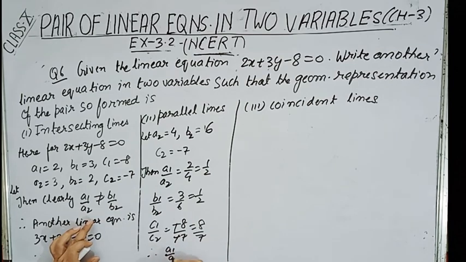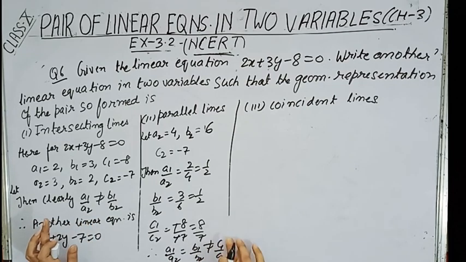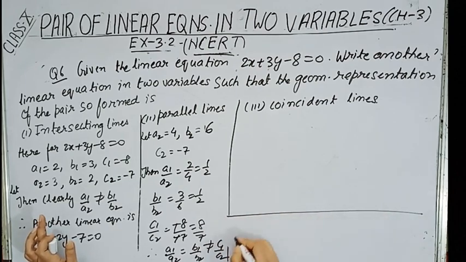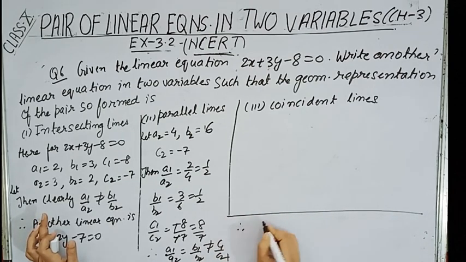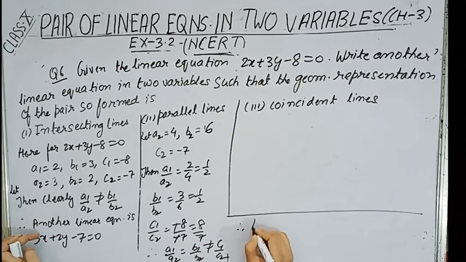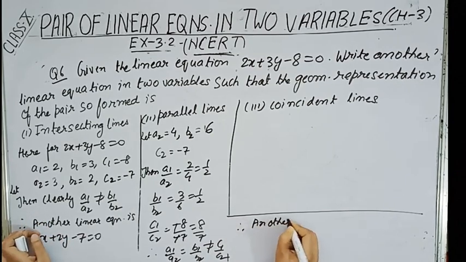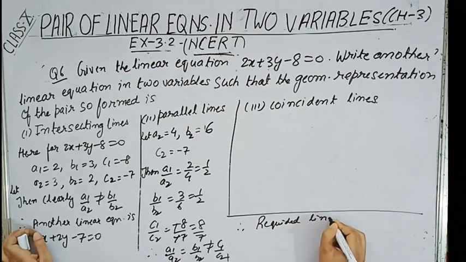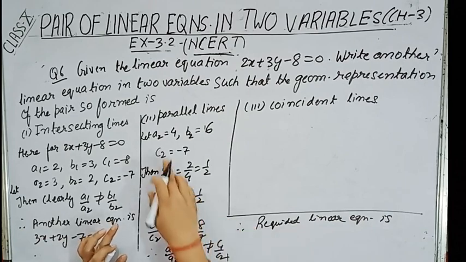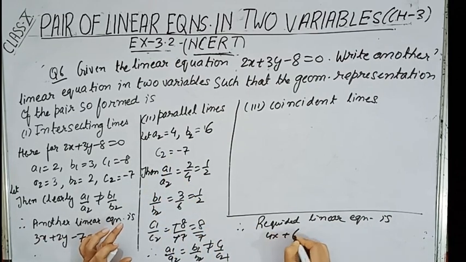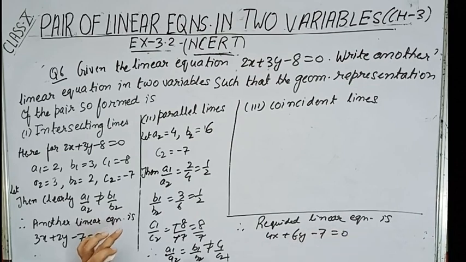Therefore, a1 by a2 equals b1 by b2 is not equal to c1 by c2. Therefore, another required linear equation is what we have supposed, 4x plus 6y minus 7 equals 0.